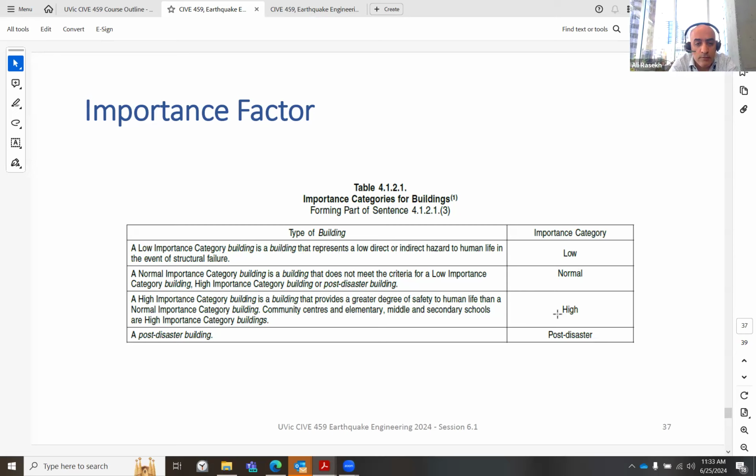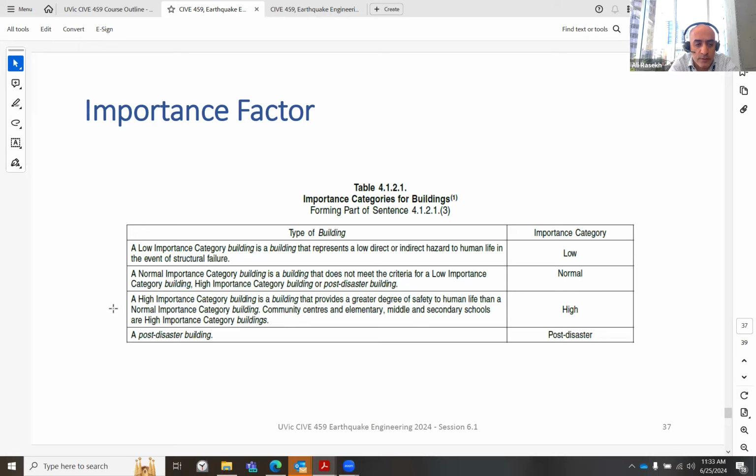On the other hand, what is high? A high importance category building is a building that provides a greater degree of safety to human lives. Community center, elementary, middle, and secondary school or higher are high importance category buildings. Yeah, not sure if BC also supports this.